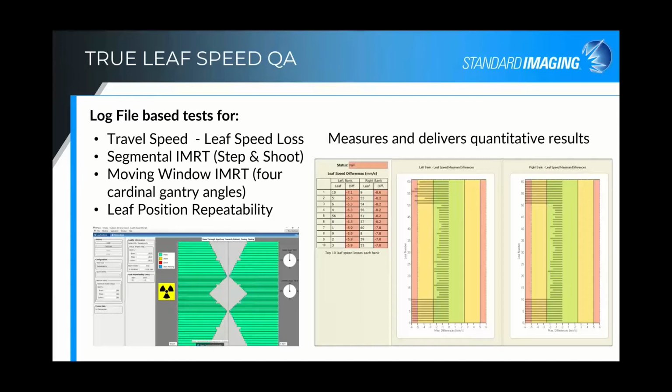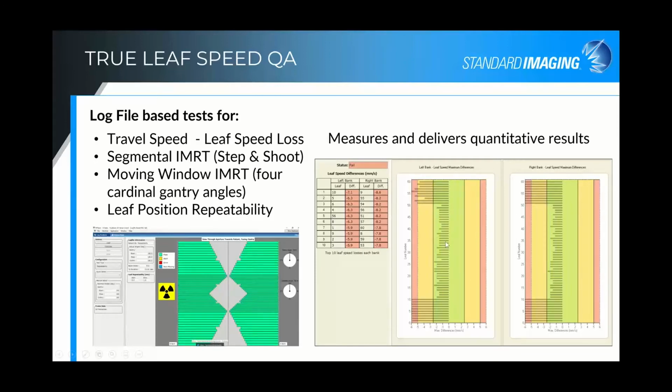As you can see on the right is the graph functions, the visual functions of each individual leaf. The central leaves are doing a much better job just because those are used more frequently and tend to be lubricated better and slide a little better. The outer leaves that aren't used quite as much tend to be a little more problematic, and you can see that result here on this particular test result.